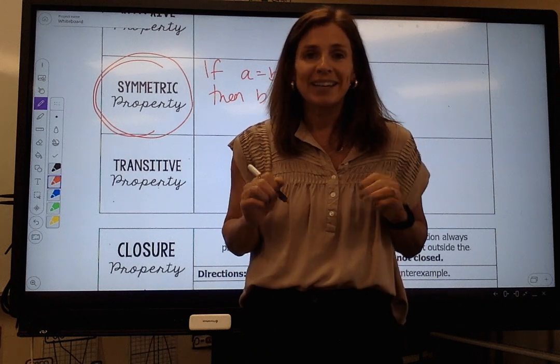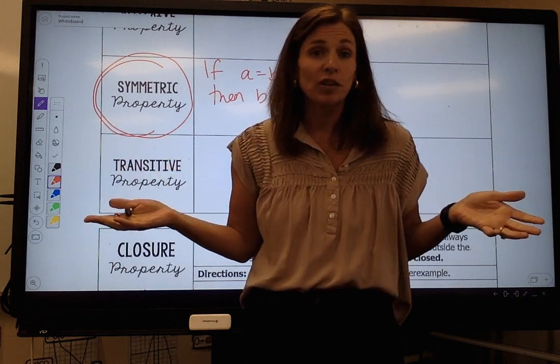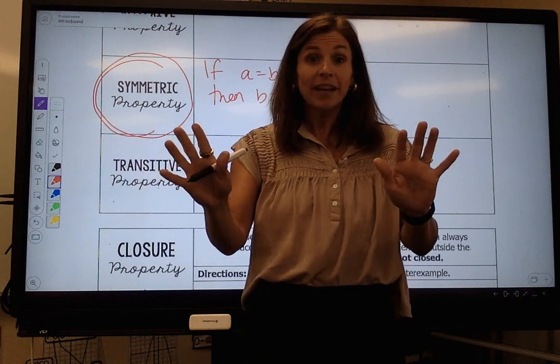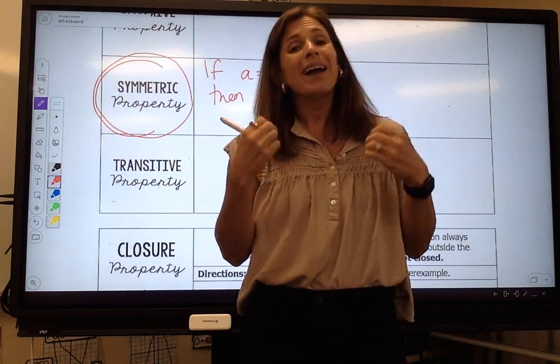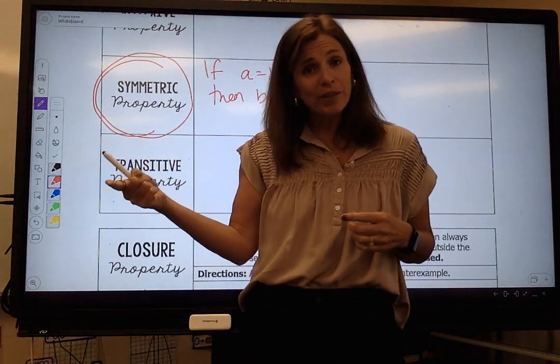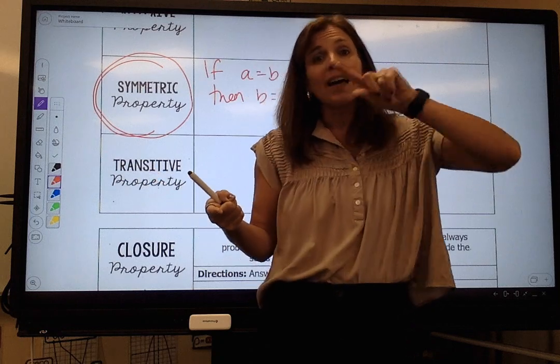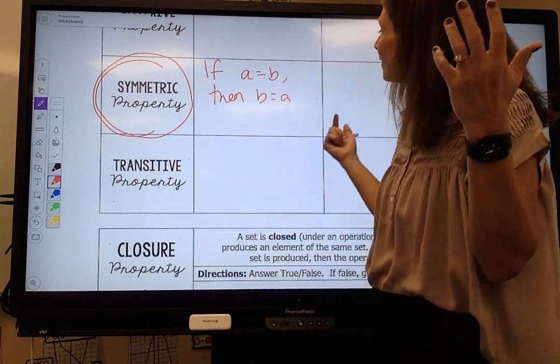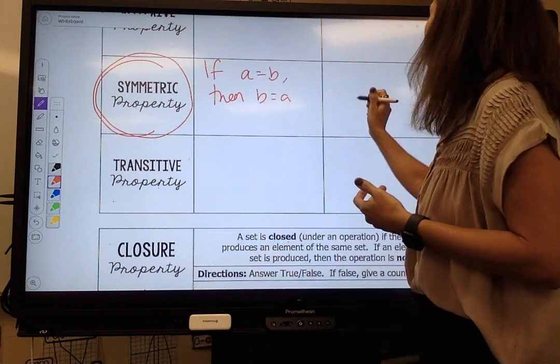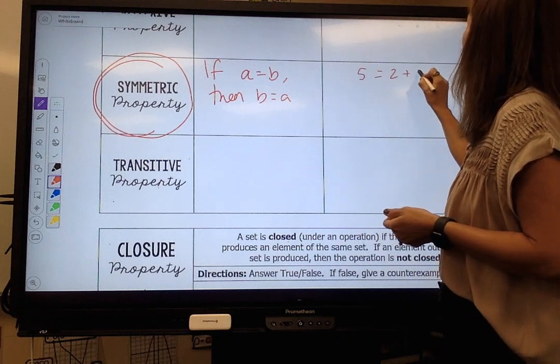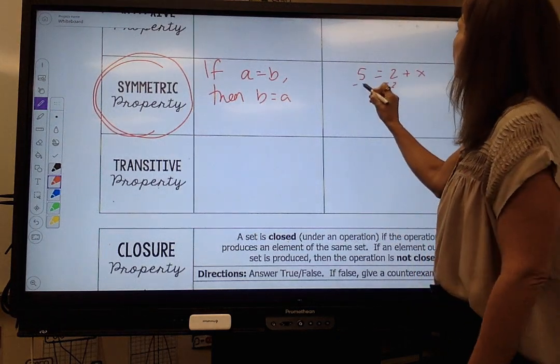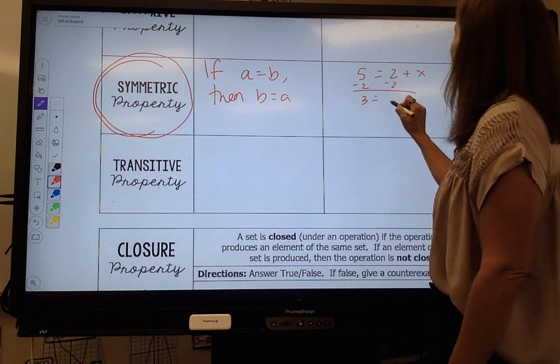Do not tell me that 5 equals X when you solve a 2 or 3 step equation. That's true, 5 can equal X, but I'm old school. I want my variable on the left-hand side and my value on the right-hand side. So let's say you solve this equation, 5 equals 2 plus X, and you subtract 2 on both sides and you get 3 equals X.